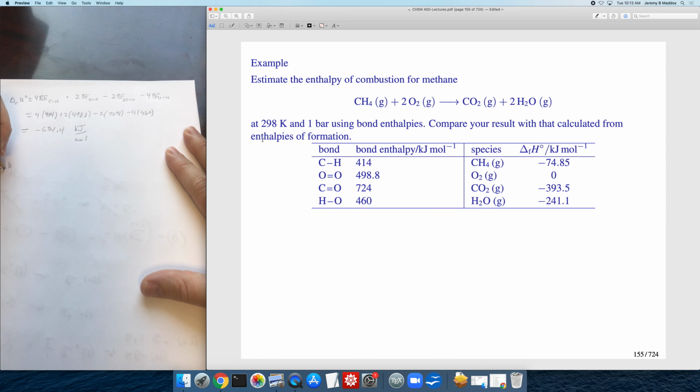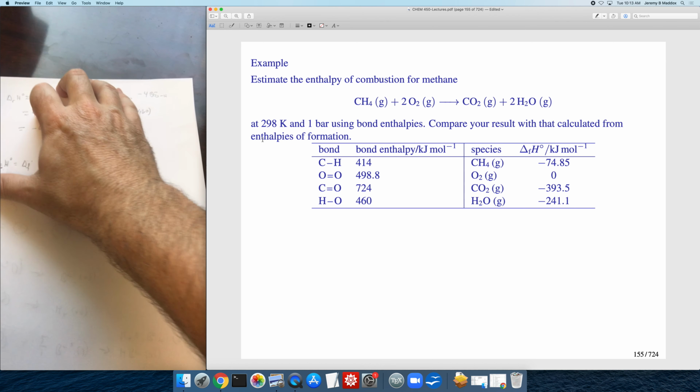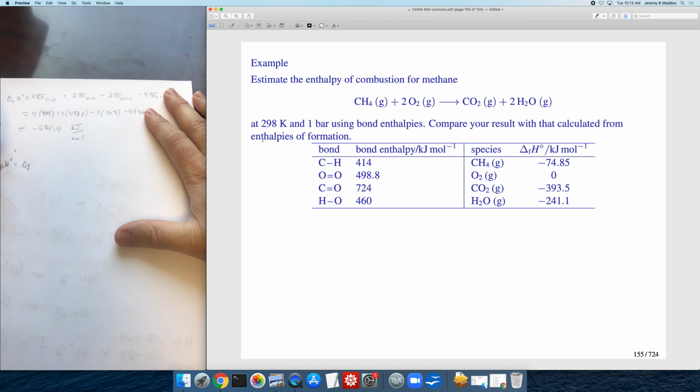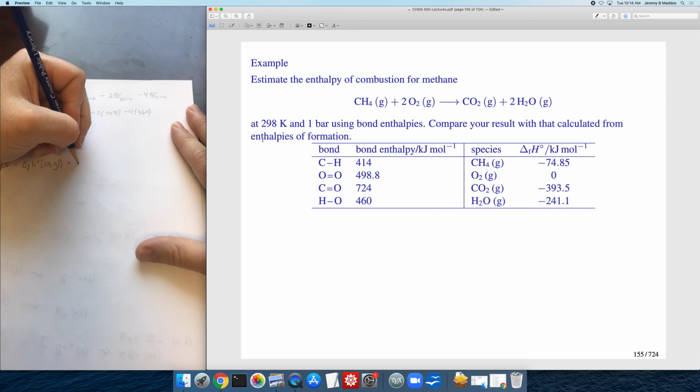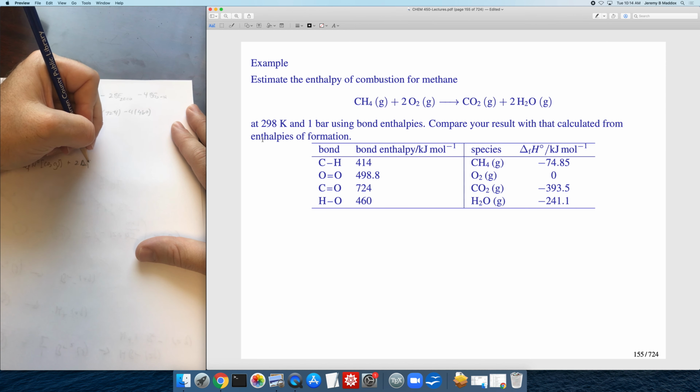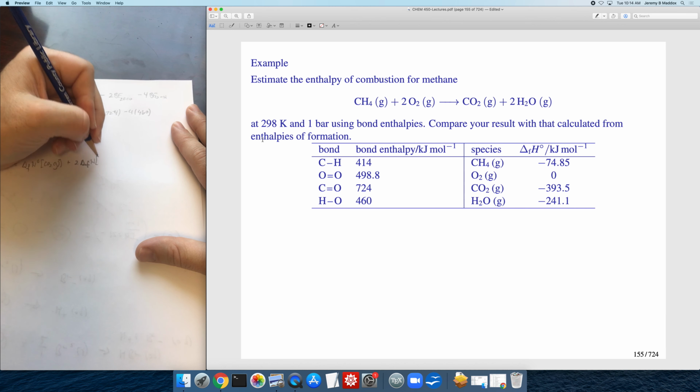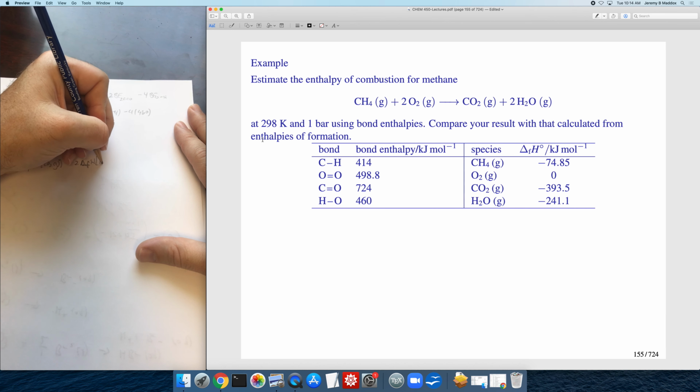Calculate the enthalpy of formation. Starting with the products, we need the enthalpy, so this would be the enthalpy of reaction over here. And then the enthalpy of formation of our first product, the CO2 gas, plus 2 times the enthalpy of formation for the H2O gas.